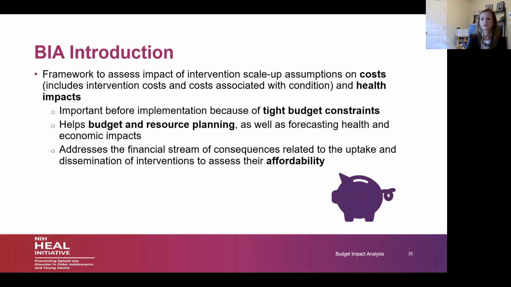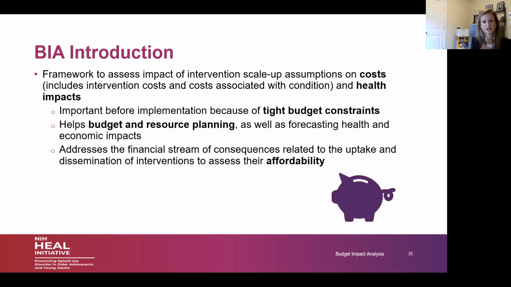It provides a framework that allows a user to assess how varying assumptions of the intervention's diffusion or scale up will impact things like changes in program intervention costs, changes in the number of cases of this specific condition, as well as changes in the costs related to that specific condition. So as a result, budget impact analysis is really useful in budget planning, forecasting, and meeting health targets.